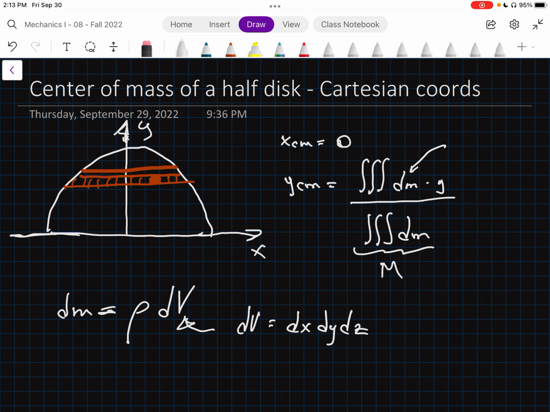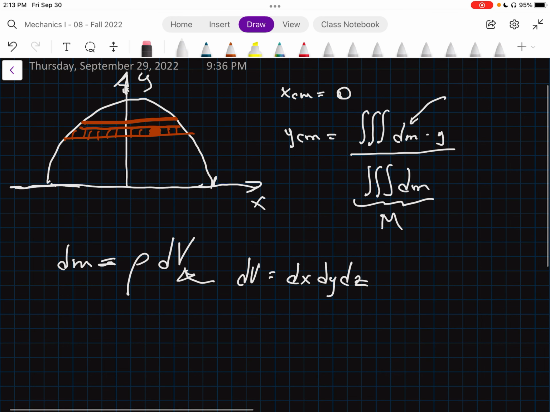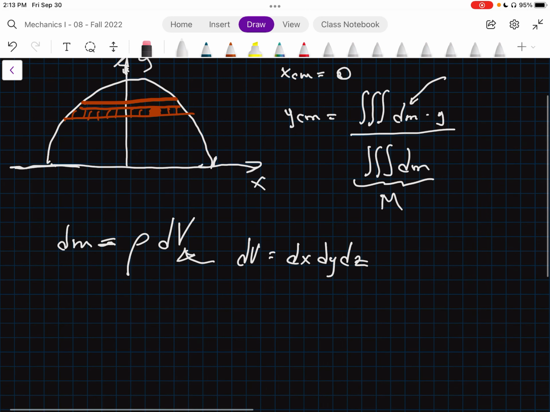So remember that this has a thickness in the z direction, which would be into the screen here, of just t. All right, so we're going to assume this is uniform density. Again, if it's not uniform density, you can't pull this out as a constant in the integration.